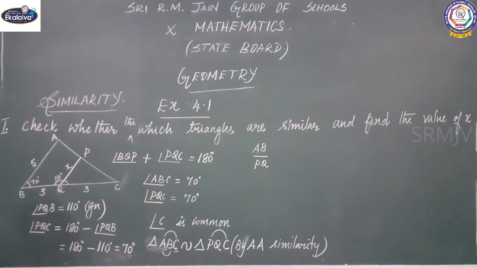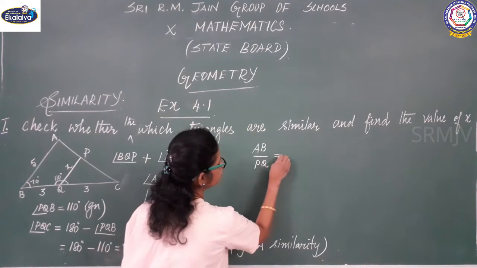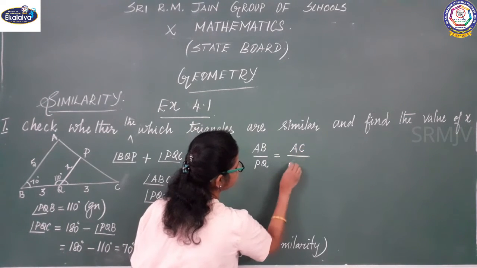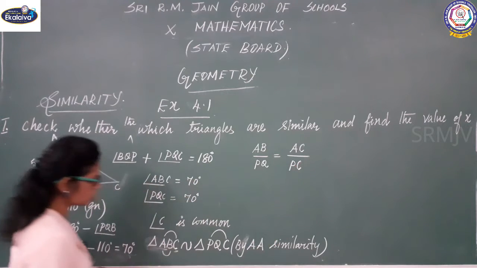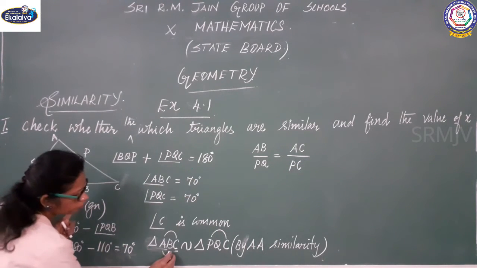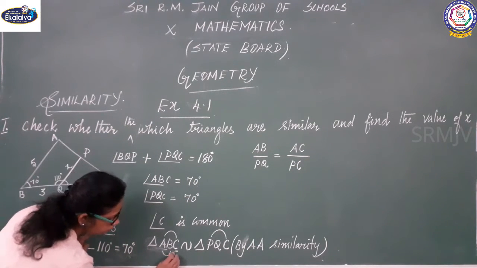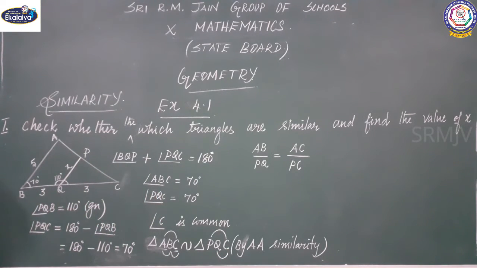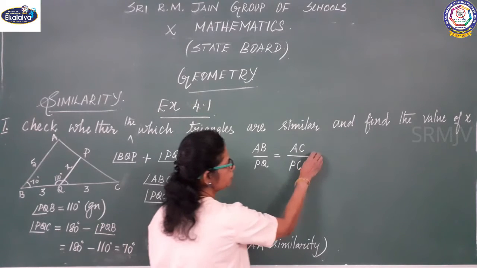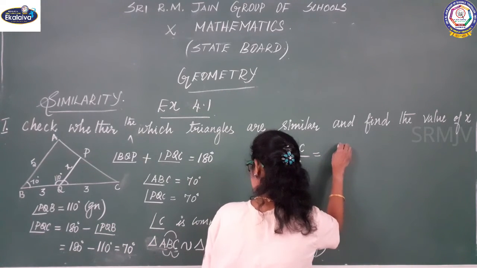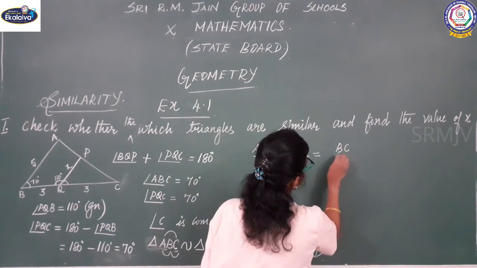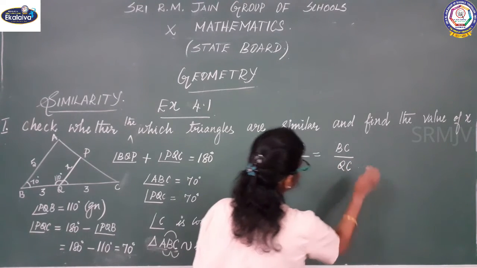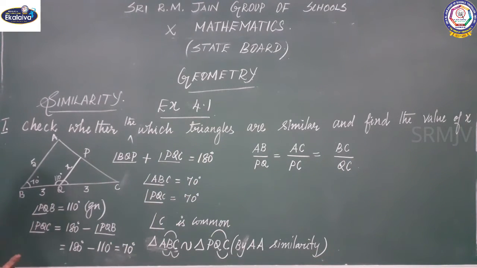Next, BC divided by QC. Corresponding sides are proportional and equal.